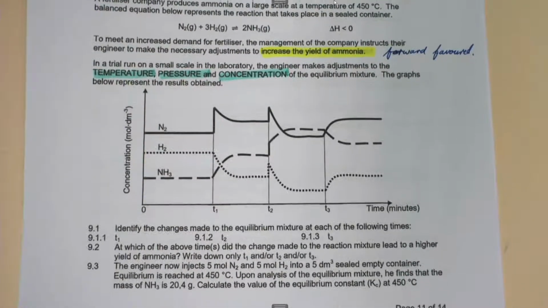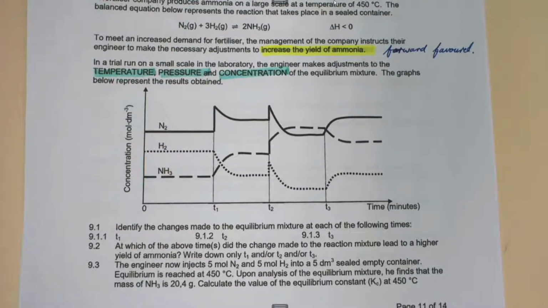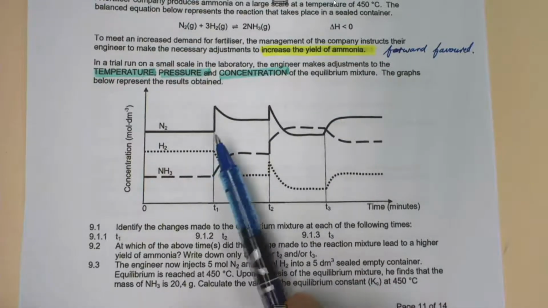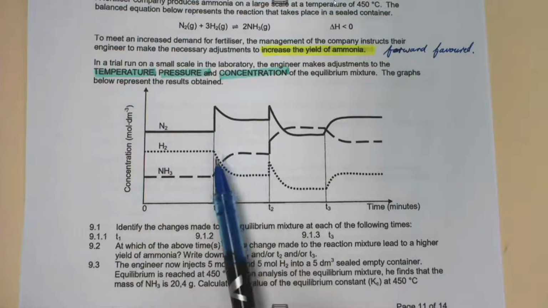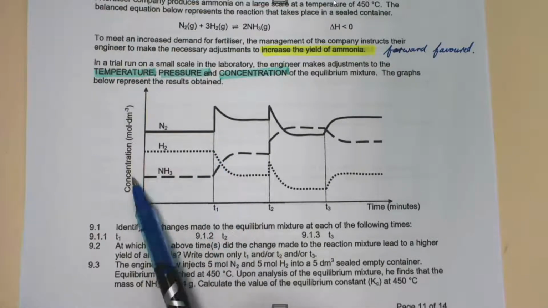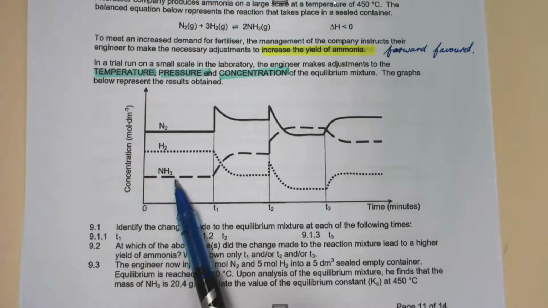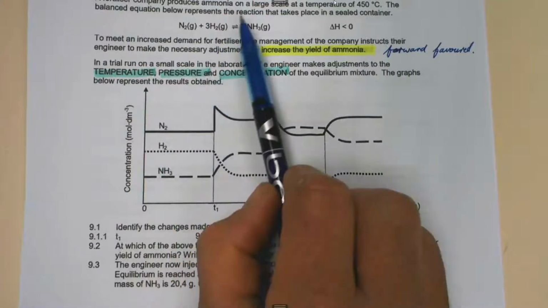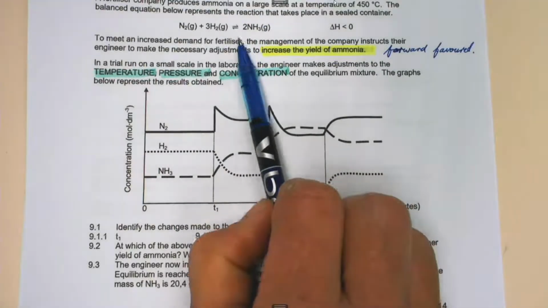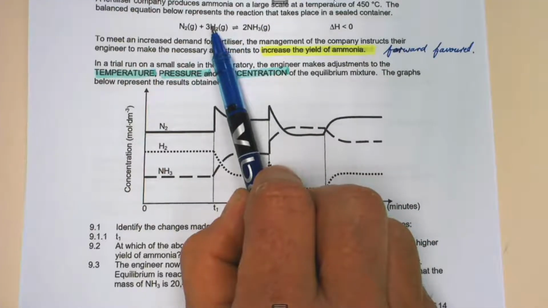And this is an important one for you to understand. Now they ask, identify the changes made to the equilibrium mixture at the following times. T1, let's have a look at T1. At T1, we see there is no change in the concentration of the NH3. No change in that and in the H2. So that one and the H2, the concentration stayed the same.